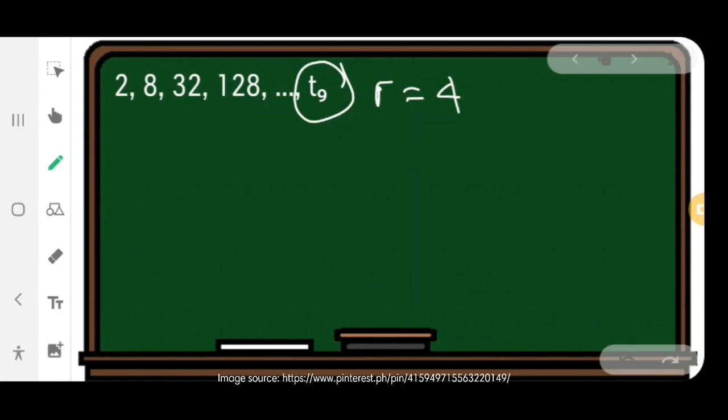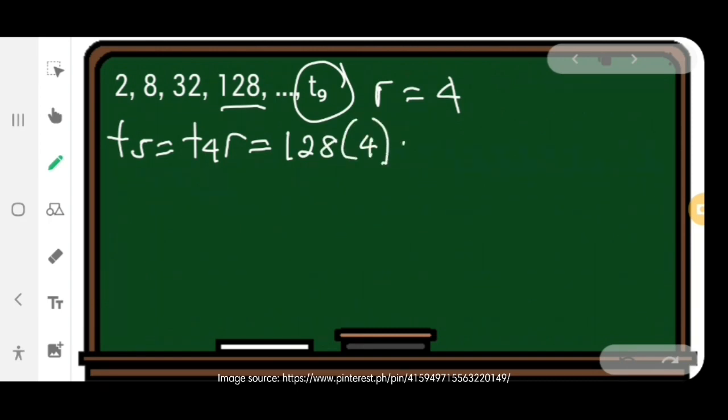Now, since the last given term is the fourth term, let us now identify the fifth term. So the fifth term is equal to t sub 4 times the common ratio. Substitute the given values. We have 128 times 4, and that is 512.